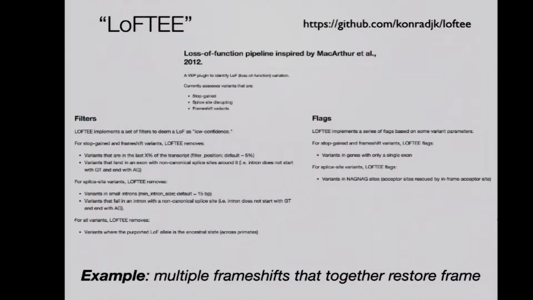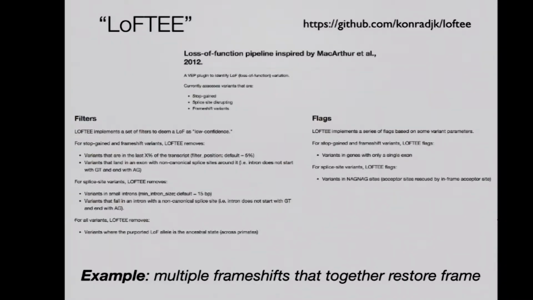Okay. So to get at this problem, there's a nice plug-in. If you're working on this, I encourage you to use this piece of software. It's called LOFTEE, and it's a plug-in to another piece of software called VEP, or Variant Effect Predictor, from Ensembl. Basically this tool is a script that looks at all the putative loss of function variants that come out of VEP, based on the transcripts and variant predictions that you give it.